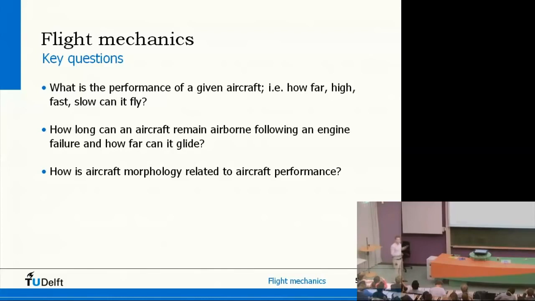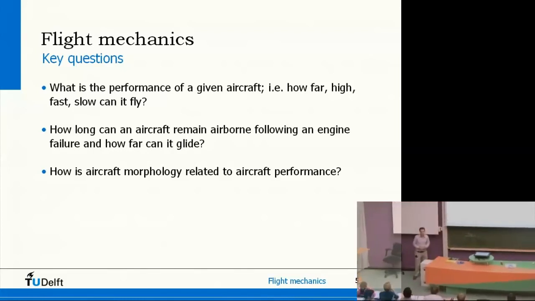And that's for a given aircraft, you can do these calculations. But I will also talk a little bit about aircraft morphology. I'm not sure if you know what it means, morphology. But morphology is more or less related to basically the shape of the aircraft.